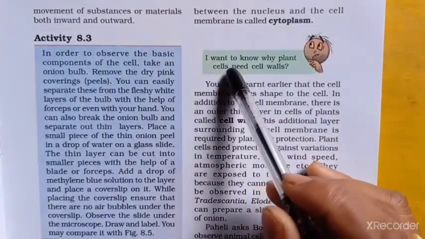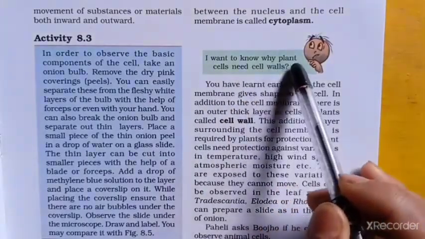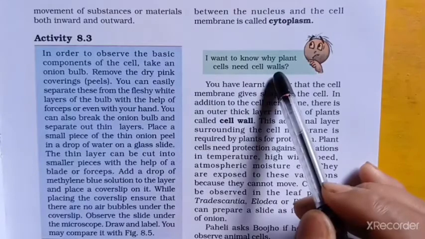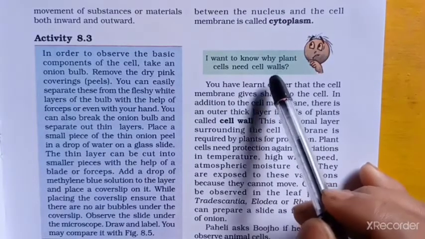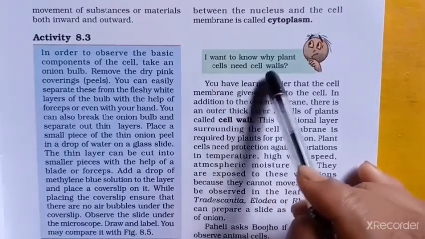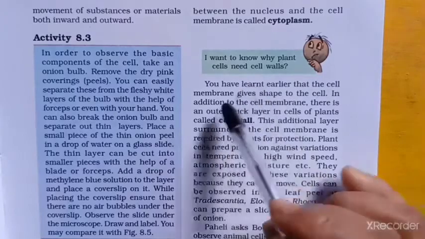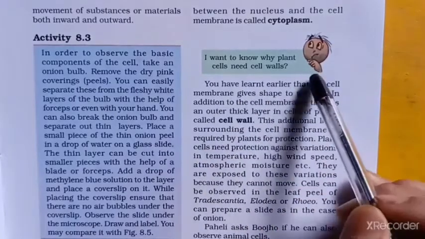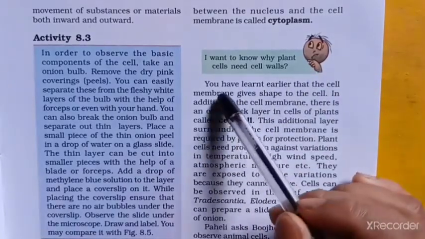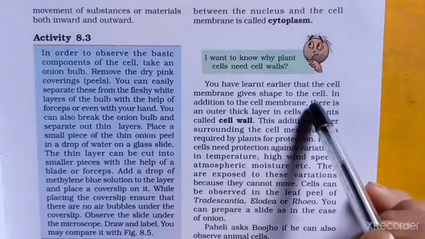And here one question arises. I want to know why plant cells need cell wall. Okay, let's see. You have learned earlier that the cell membrane gives shape to the cell.